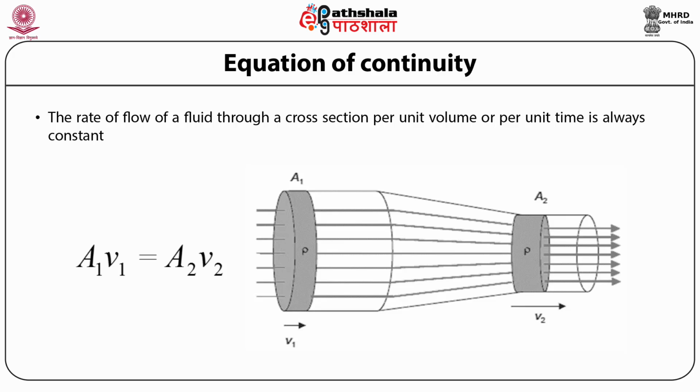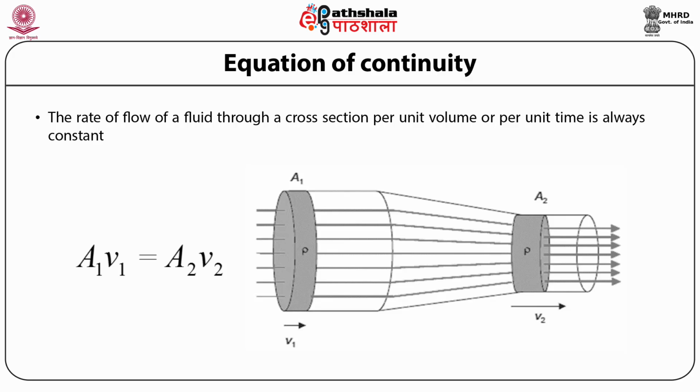Because of the equation of continuity, the flow through cross section A1, which is A1 times V1, where V1 is the velocity of the fluid at that point, has to be the same as the flow through the narrower end, which is A2 times V2.